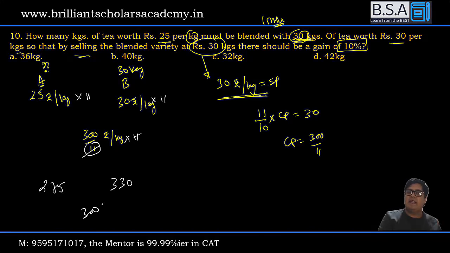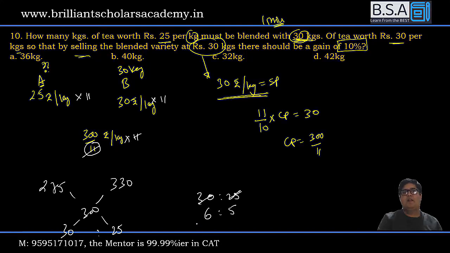Now perform allegation. This is a gap of 30 and this is a gap of 25. What is the ratio? Ratio is 30 by 25, or I can write it as 6:5. So how many kilograms were used for this variety? There are 30 kilograms. This is supposed to become 30.